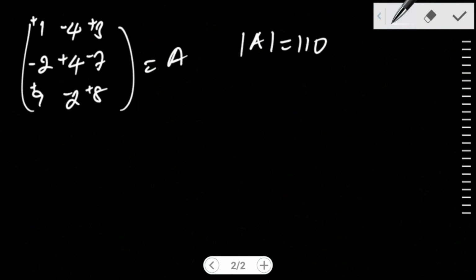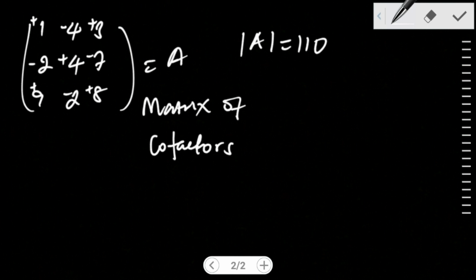To determine the cofactor of each figure, let's start with 1. We shall be putting them here, and so we are going to have the matrix of cofactors.